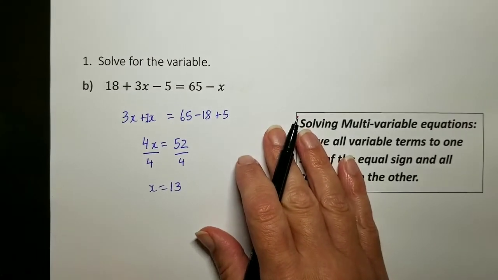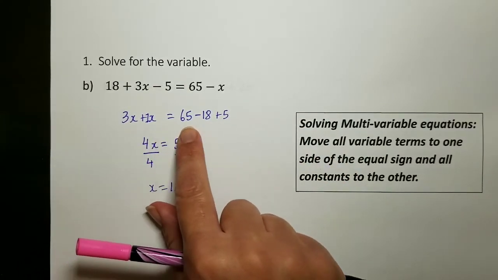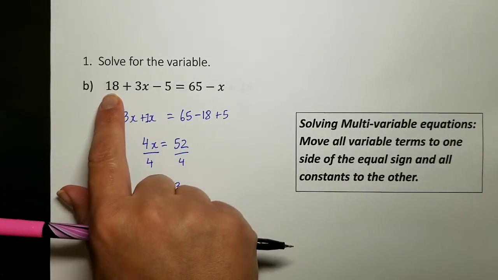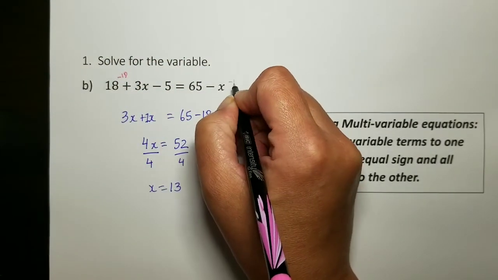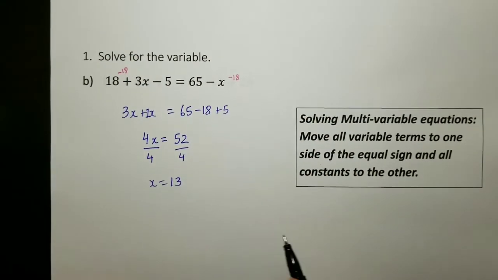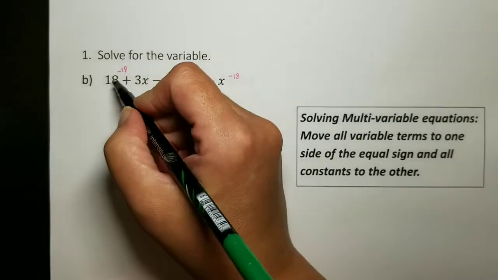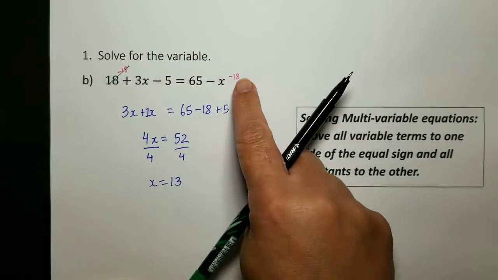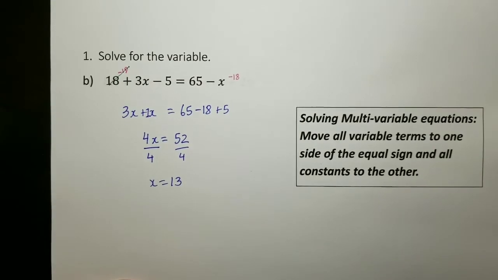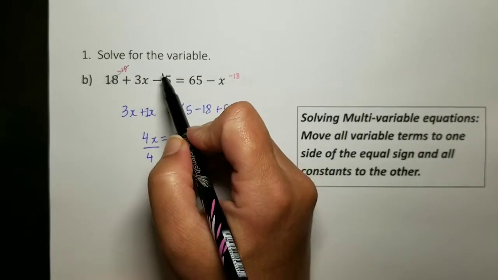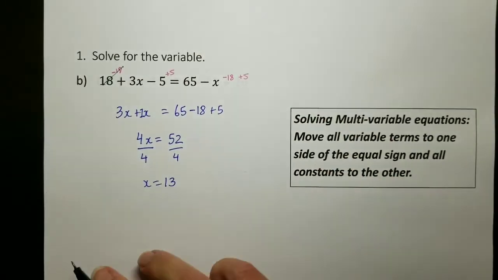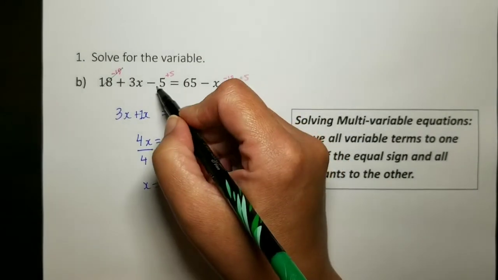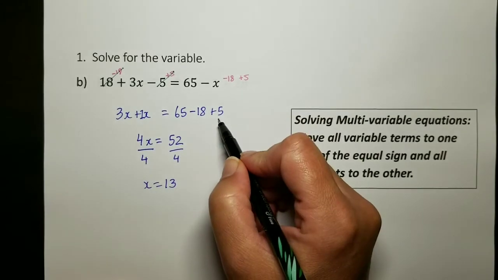So maybe I'll show them back up here with how I would get here. I don't want an 18 here, so I'm going to put a minus 18 and a minus 18. These ones are going to reduce, so I only end up showing that one, right? I don't want a minus 5 here, so I'm going to put a plus 5 and a plus 5. These ones reduce, so I only end up showing that one.